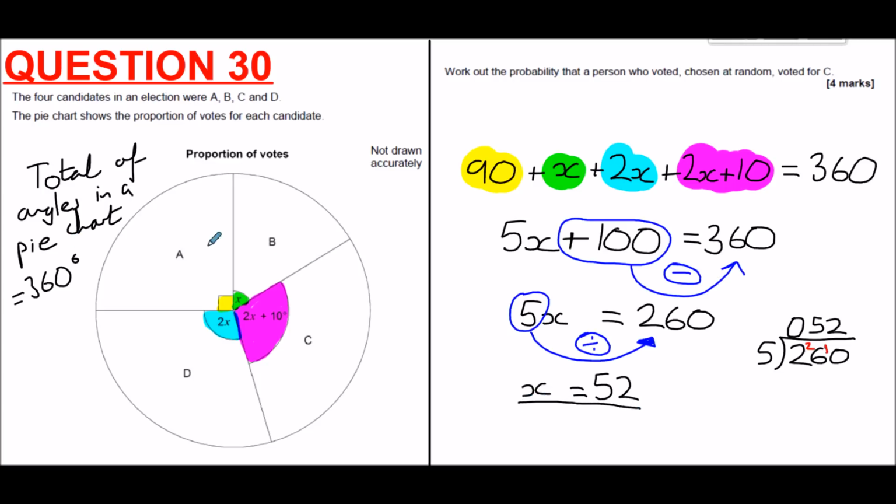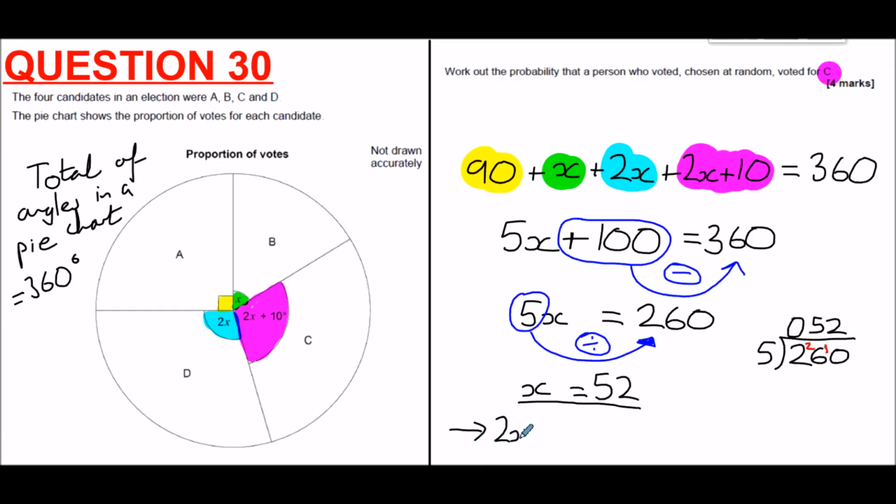We're nearly done but aren't quite, because we want to work out those that voted for C. The ones that voted for C are these ones here, which is the purple sector. And so we need to work out what 2x plus 10 is.